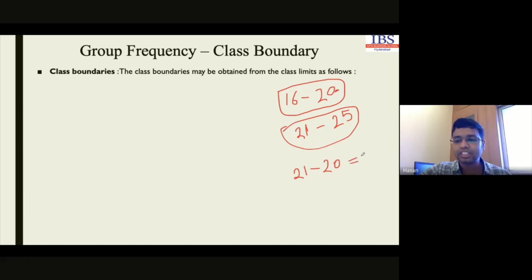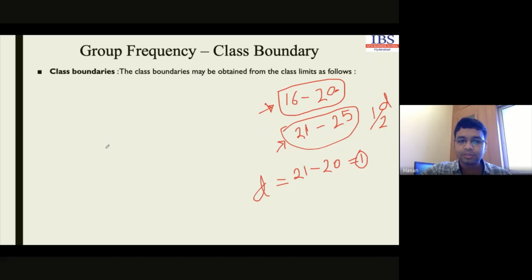So how do we decide the boundary? This one is associated with 20, this group as well as this group, so we will simply divide it into two halves. If D is the distance between the groups, then this will be half D. Then how do we decide the lower class boundary?